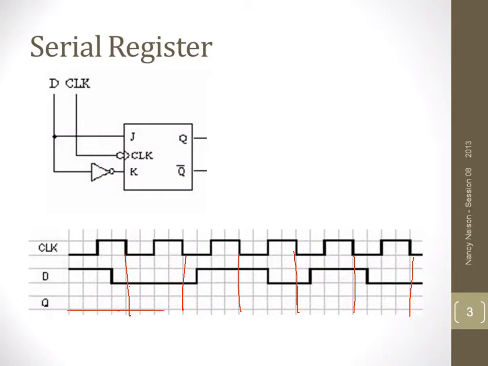So we get a low here, a low, we get a high here, a low at this sample point, a high, and then a low again. So this is the value that we're going to see appearing on Q. We can see the low is reflected, the high, the low, the high. So we can see that information shifted just a little bit over.